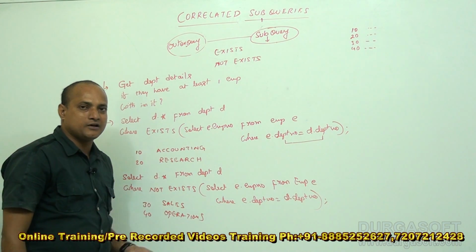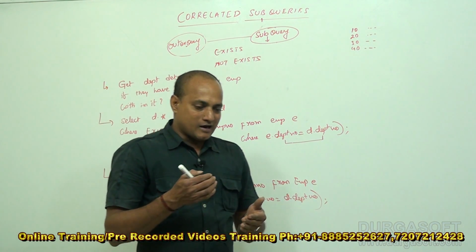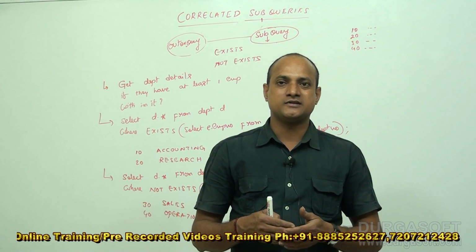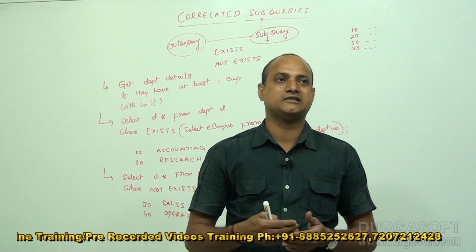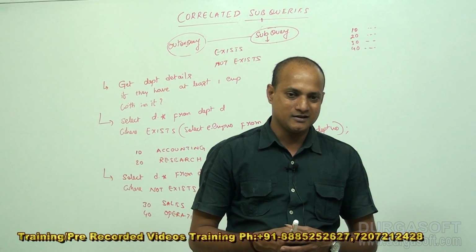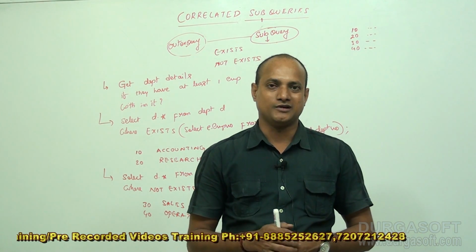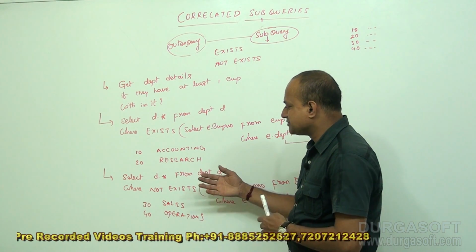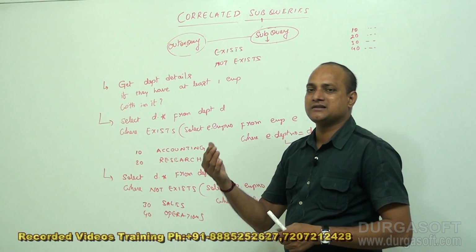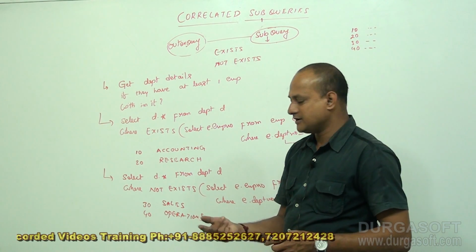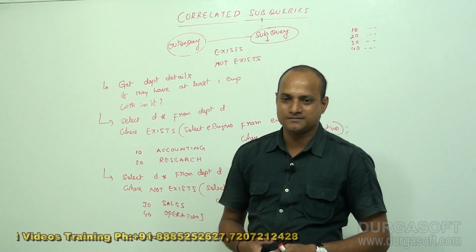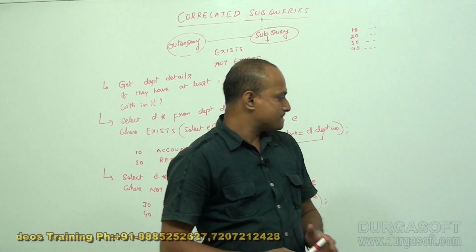Because in your default tables, under the 10th, 20th and 30th departments some employees are there, but under 40 there are no employees. That's why I am saying let us assume that the first two departments have at least one employee, and the second two departments do not have any employees, right?